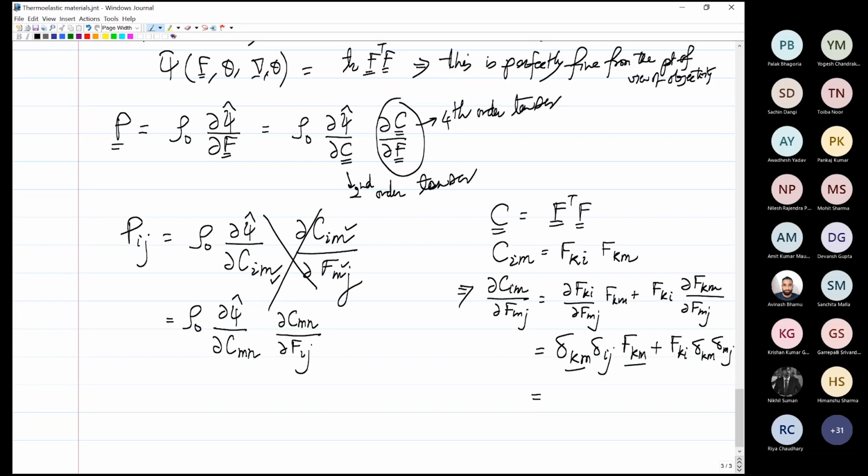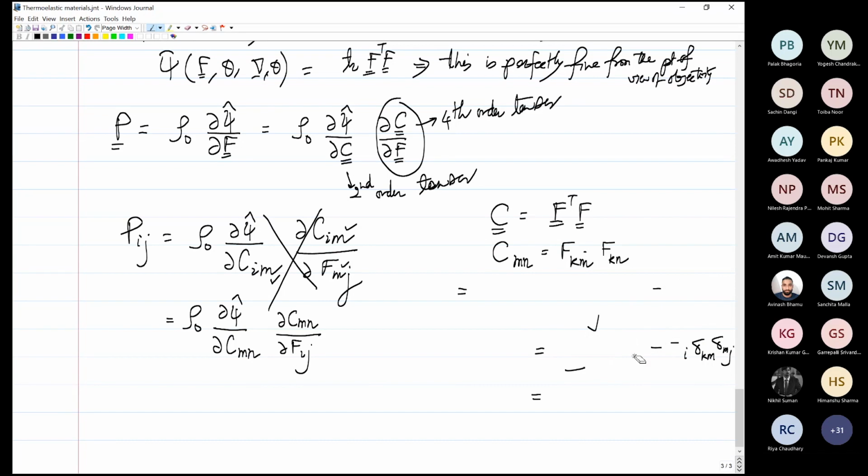So, okay, we have to do everything again. So I have to find out what is Cmn. So that's going to be Fkm into Fkn. Okay, and then we take the derivatives. So you have to also be attentive and tell me when I'm making a mistake. So this implies del Cmn over del Fij.